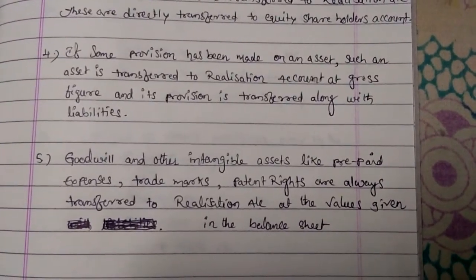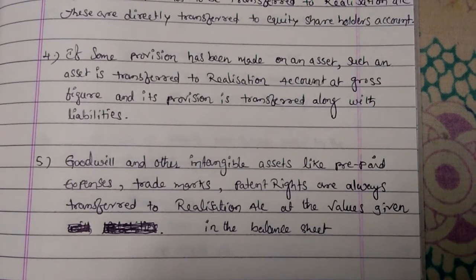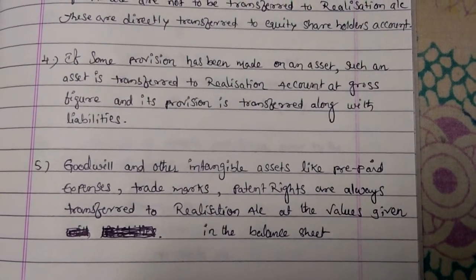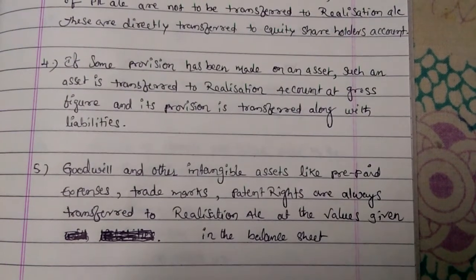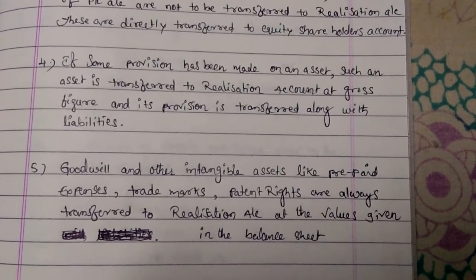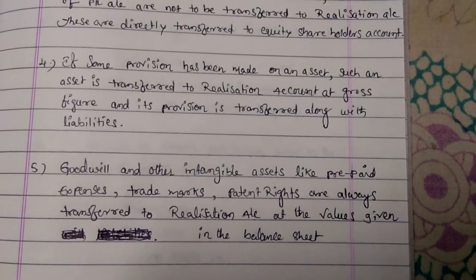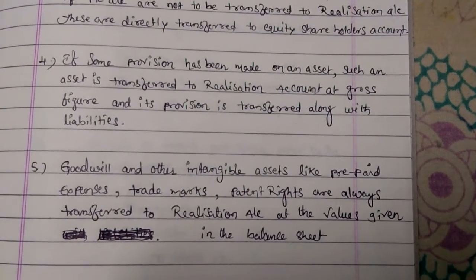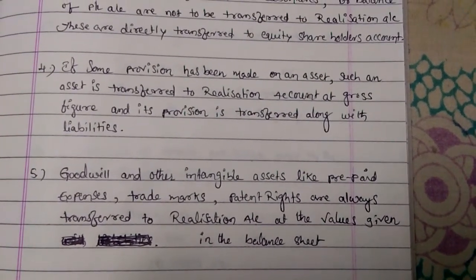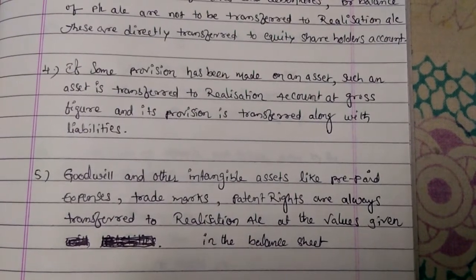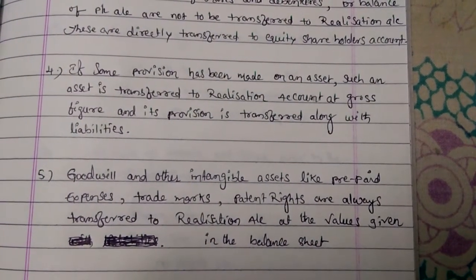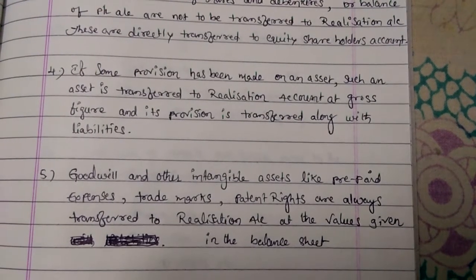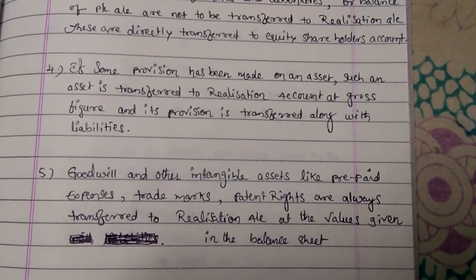And the next one is goodwill and other intangible assets like prepaid expenses, trademarks and patent rights, which are always transferred to the realization account at the values given in the balance sheet. So intangible assets like goodwill, trademarks and patent rights are transferred to realization at the balance sheet amount only.